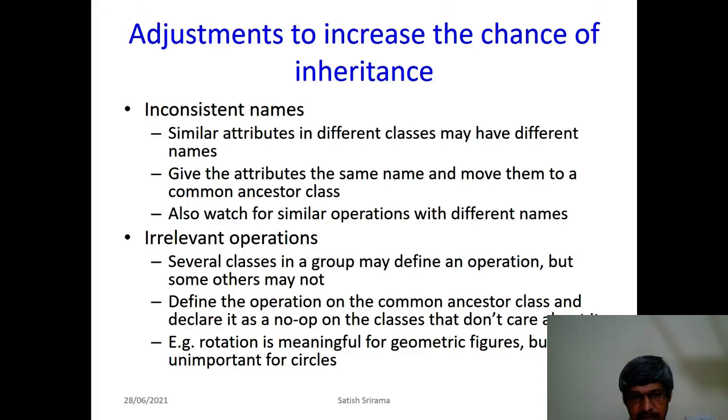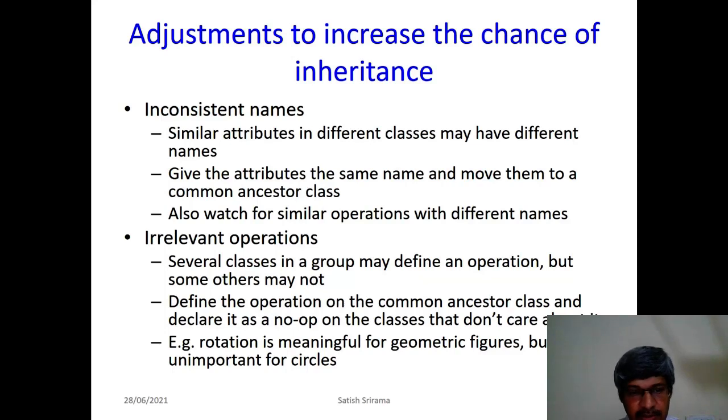Also watch for similar operations with different names. This is pretty much possible, since you have been adding new classes and new operations during this class design, so you may find inconsistent names coming up. We have to address that.